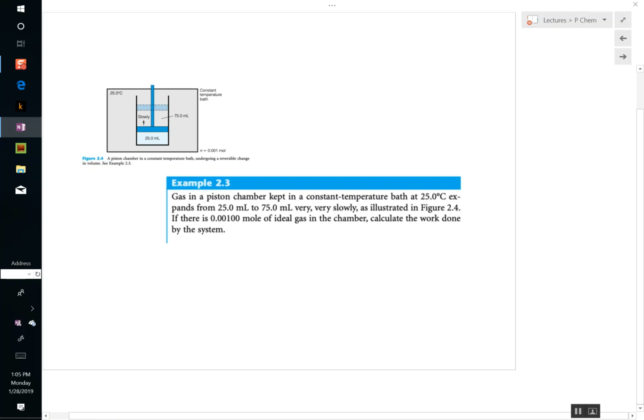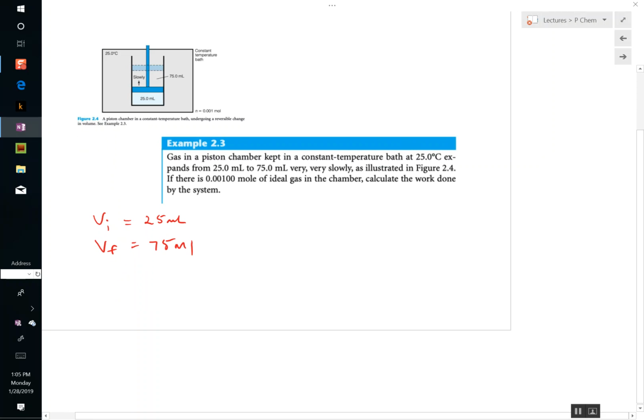All right, so let's just apply that equation to this example. The gas in a piston chamber kept in a constant temperature bath at 25 degrees C expands from VI equals 25 milliliters to VF equals 75 milliliters, very, very slowly, as illustrated there. If there is 0.001 moles of ideal gas in the chamber, calculate the work done by the system.